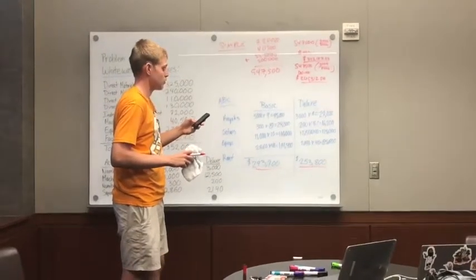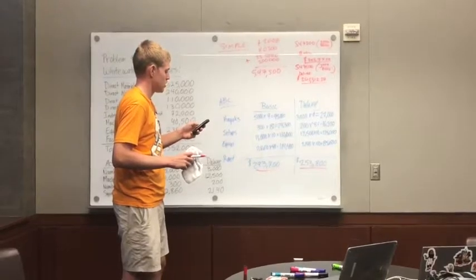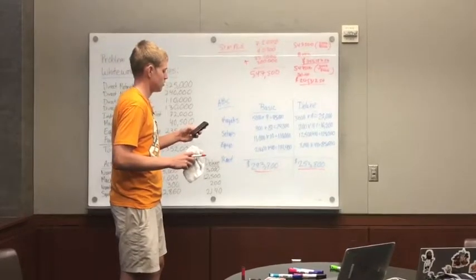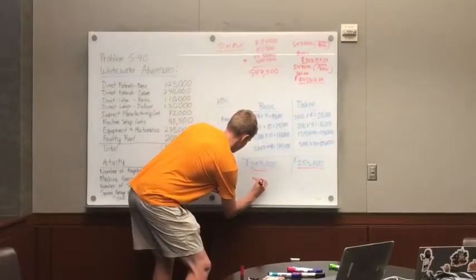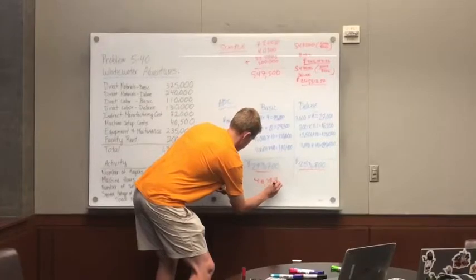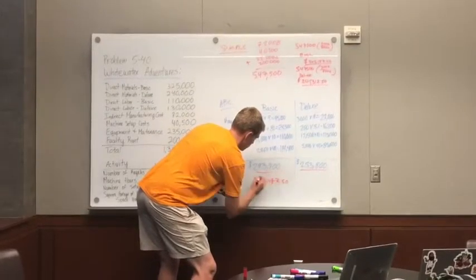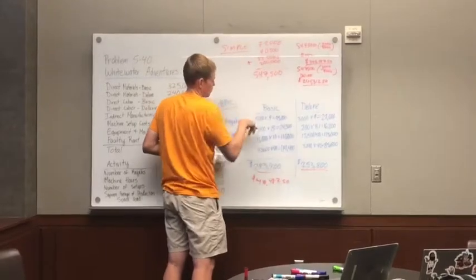So if you take 342,187.50, subtract 293,700, that's going to give you a difference of 48,487.50. And again, simple is over costing the basic model.